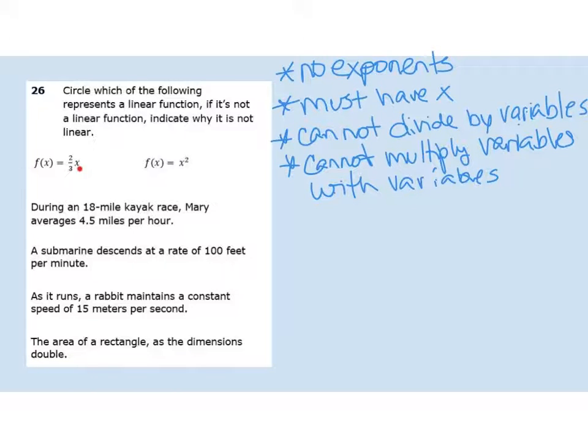So this first one is a linear function, so I'm going to go ahead and circle it. The second equation, we have f of x equals x squared, and we see we have an exponent of 2. We cannot have exponents, so this is not a linear function because of that exponent.